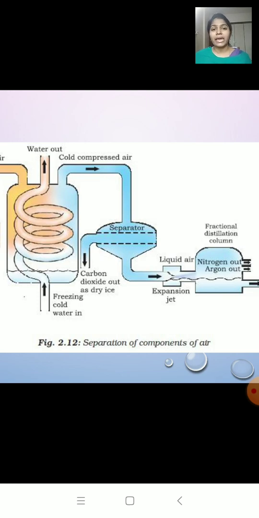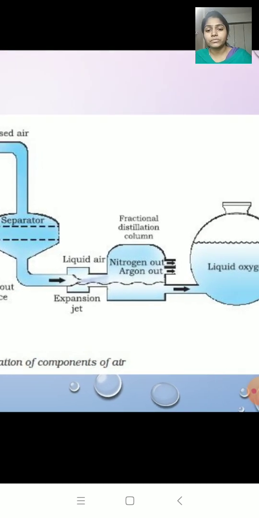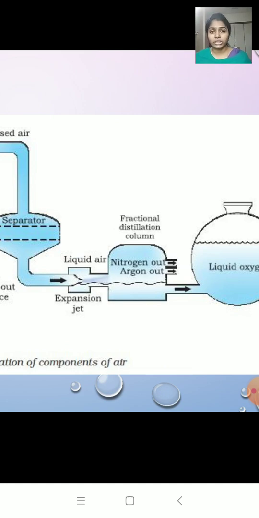Once the air is free of carbon dioxide, it is passed into an expansion jet, where the air is turned into liquid. After that, it is passed into the fractional distillation column.